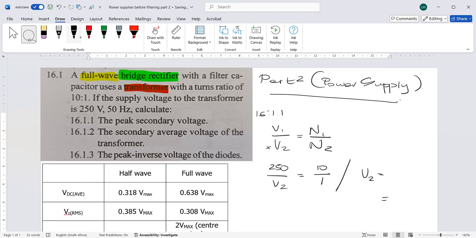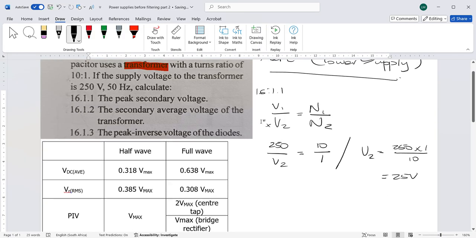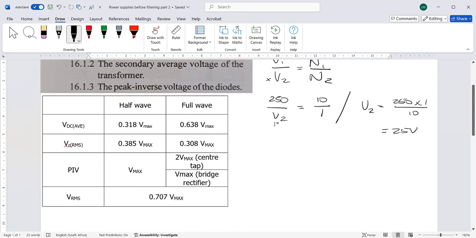My mind is preoccupied by something. 250 times 1 over 10, which ultimately becomes 25.